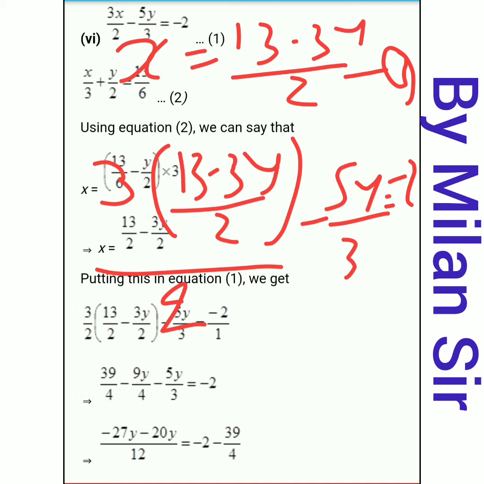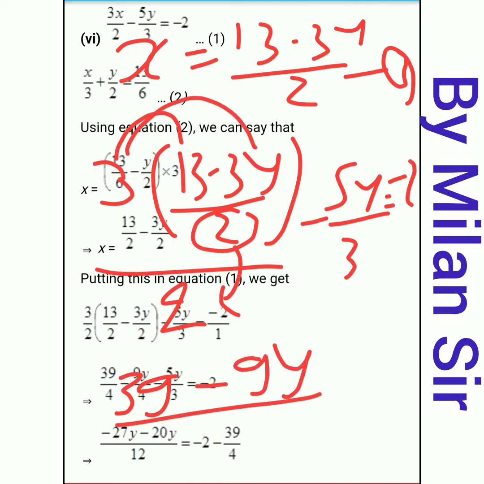Now here we transfer 3 to the bracket. So 13 into 3, it's 39 and this 2 goes to the denominator. So here 39 and then 3 into 3y, it's minus 9y and divide by this 2 into 2, because denominator of numerator, it goes to the denominator.